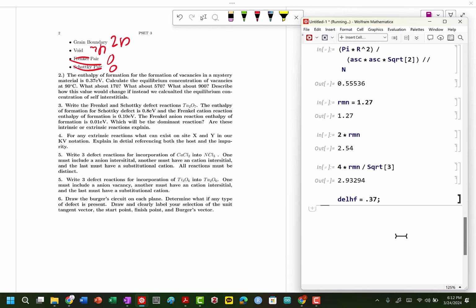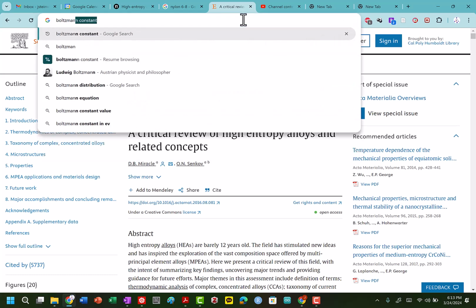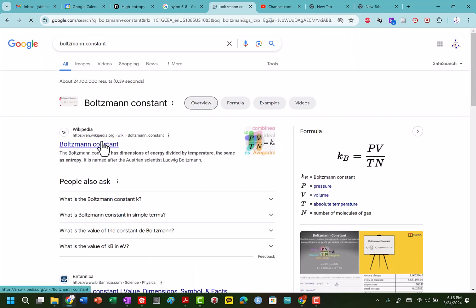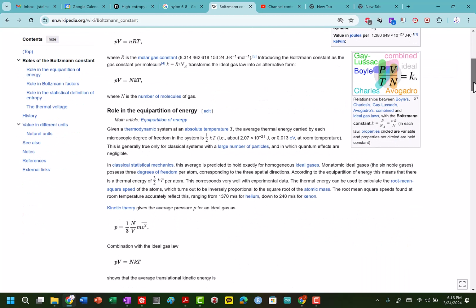And we need to calculate the equilibrium concentration of vacancies at 90, 170, 570, and 900 degrees C. So concentration of vacancies equals, for a mystery metal, e to the minus delta HF divided by, and we need to be careful, k needs to be 8.617 times 10 to the minus 5, because I believe those are the units for Boltzmann's constant, specifically Boltzmann's constant in eV.